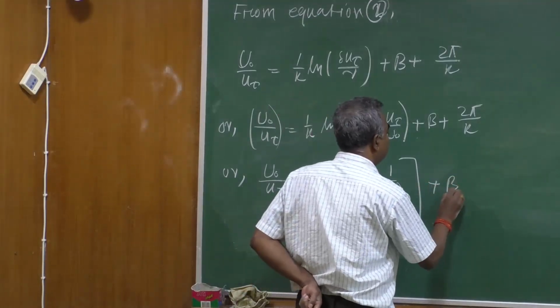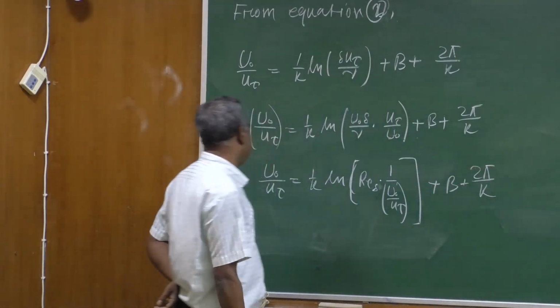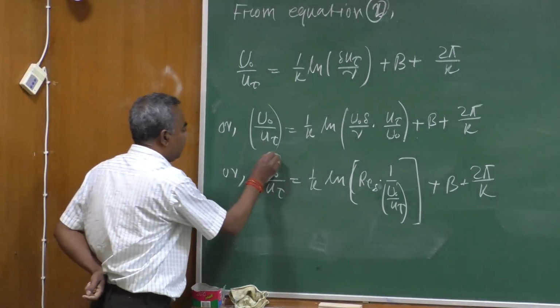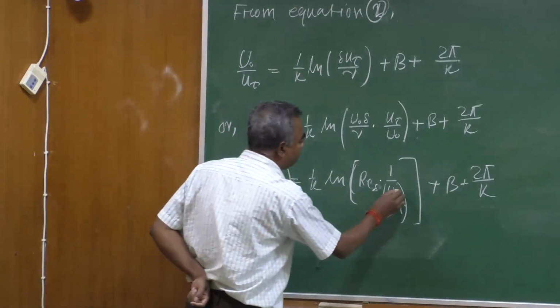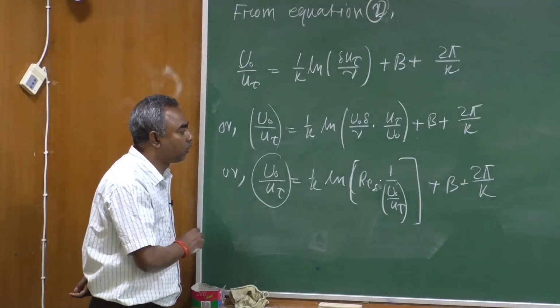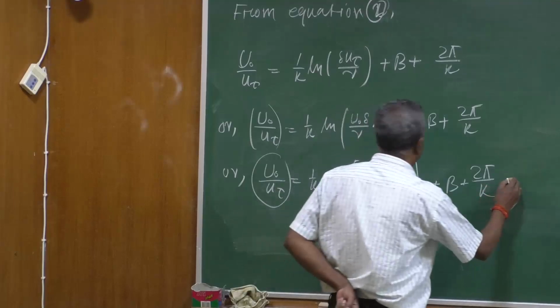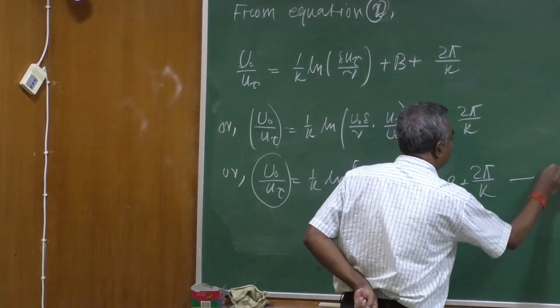Plus b plus twice pi by kappa. So, from this equation we can solve u naught by u tau. Let us say equation 3.